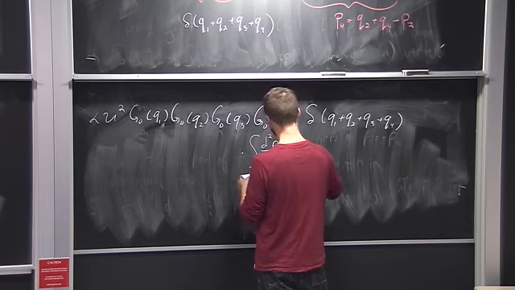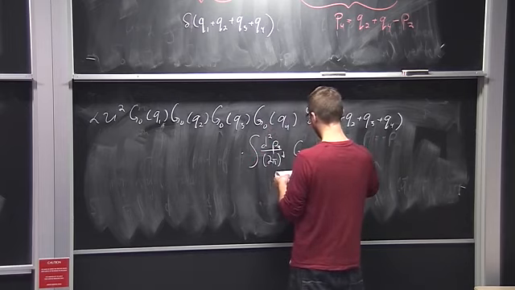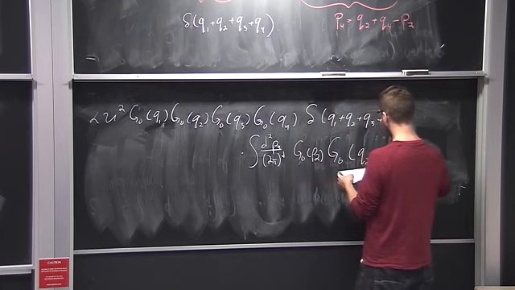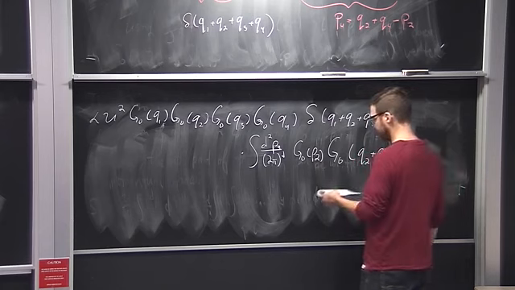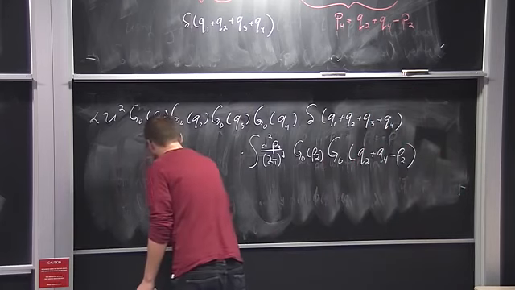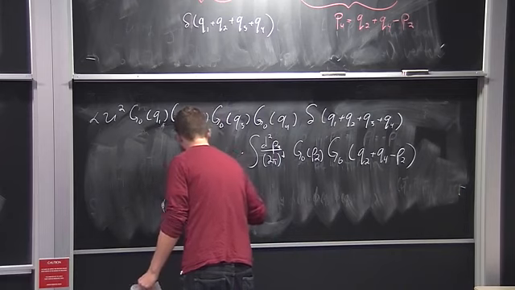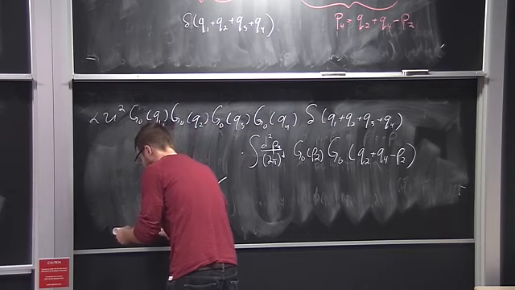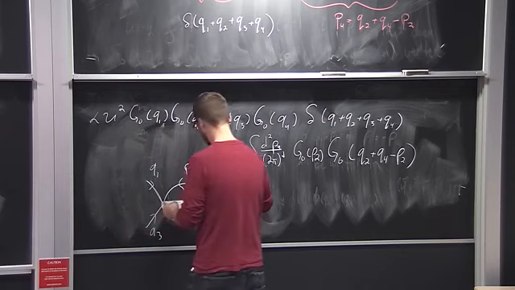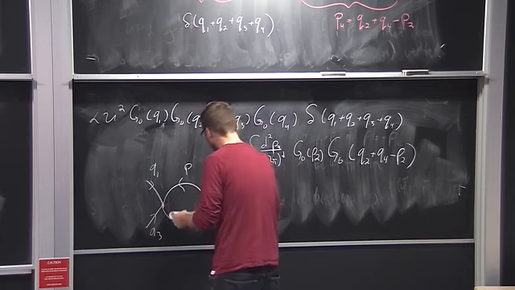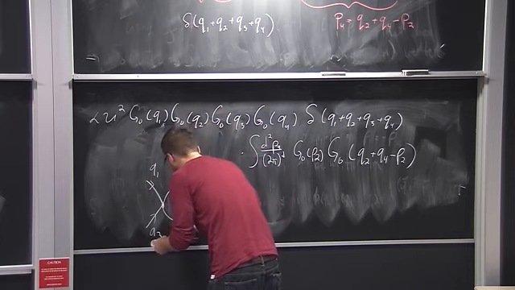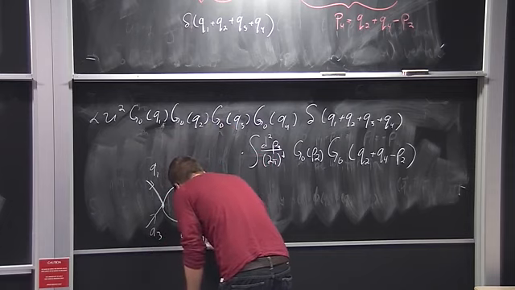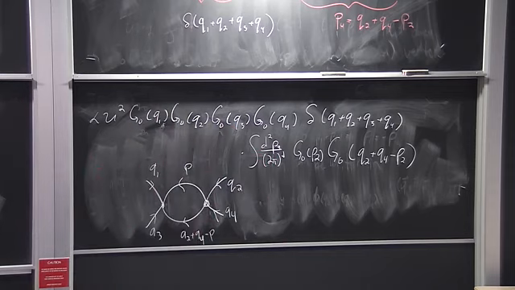I'll only have the P2, as long as I write my P4 as Q2 plus Q4 minus P2. And then this one is Q2 plus.